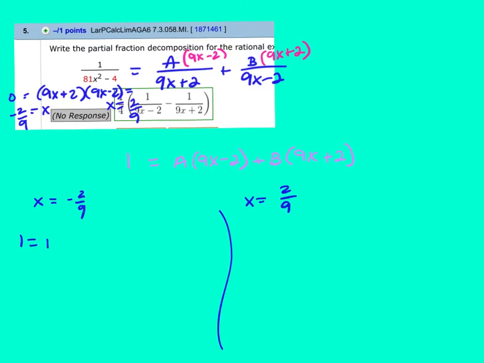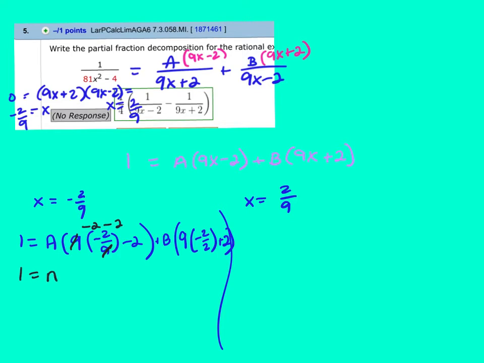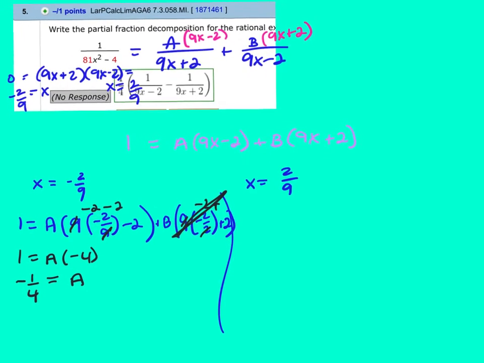So 1, 9, negative 2/9, and plus b. So this is negative 2 minus 2, 1 equals a times negative 4. This would be negative 2 plus 2, that one's the one that cancels. And that's negative 1/4.